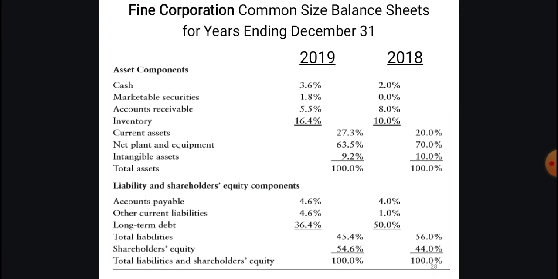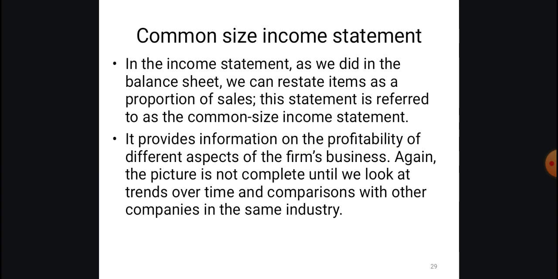Then accordingly, one can easily understand the component of each in each year as well as in comparison with another year. So this is what we call common size balance sheet. The reason why we called common size balance sheet is every comparison is made among the balance sheet items.